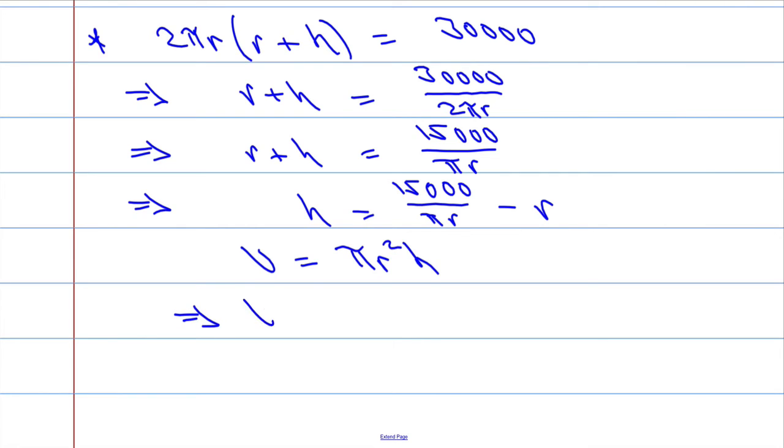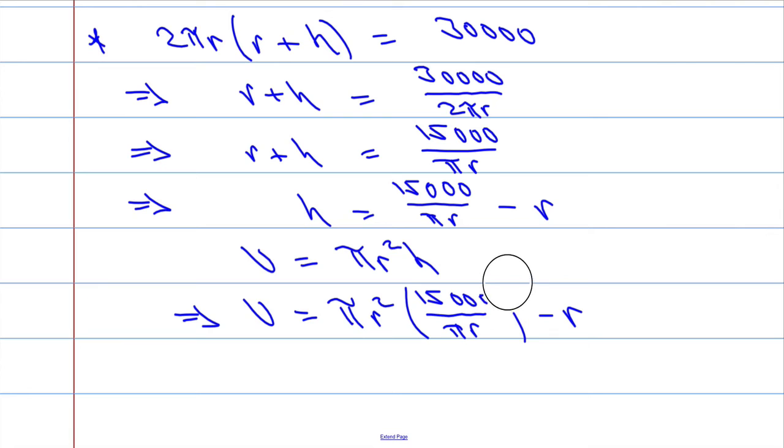But we now know what h is, so v equals pi r squared times 15,000 over pi r minus r. Brackets is in the wrong place there, sorry. Like so, okay.